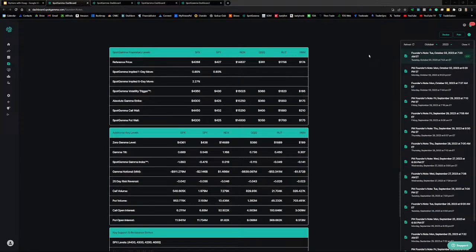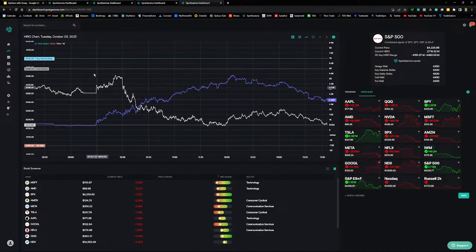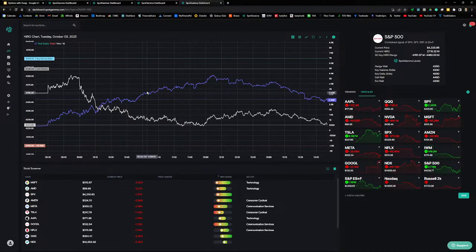All right, let's take a look at some setups now. I'm going to start with the S&P 500, and I'm going to start by looking at what options traders have been doing today.